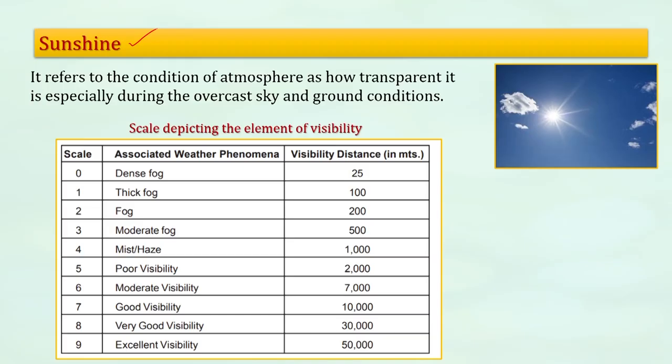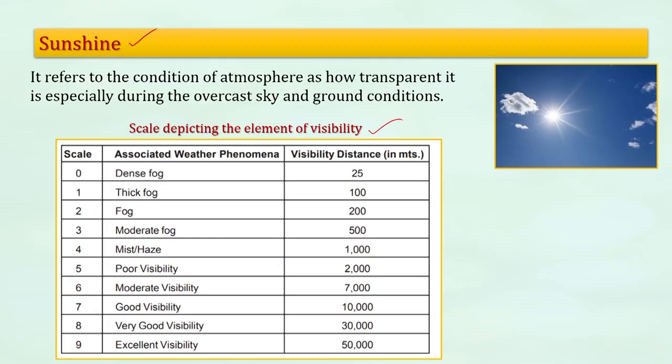The sun will be over your head. Again in the evening, you can experience the slanting rays of sunlight. So, in the morning and evening, you may have low visibility. During the afternoon, you can have higher visibility, right. See, there is a scale here to depict the element of visibility.